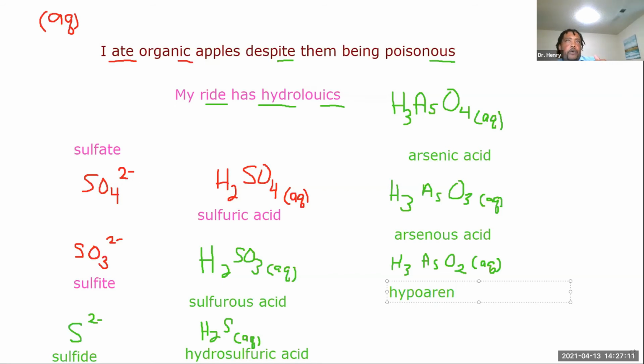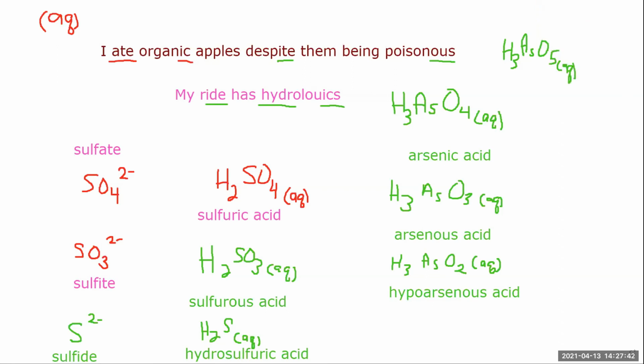If we get to that point where we're dropping down one extra oxygen, we call it hypoarsenous acid. So if I had H3AsO5, what is that going to be called? Per arsenic acid? Perarsenic.